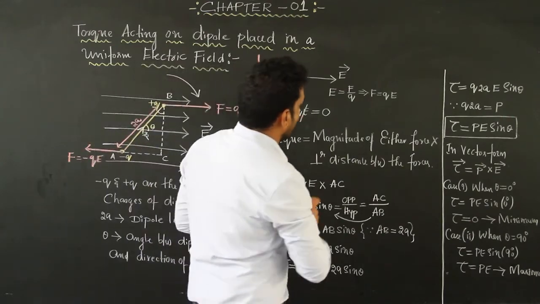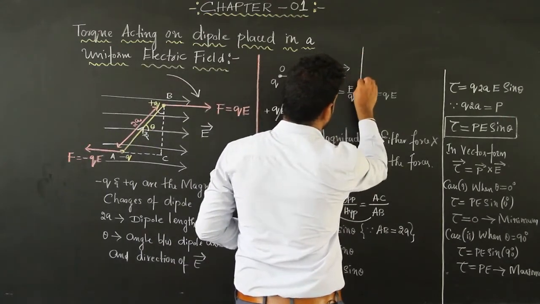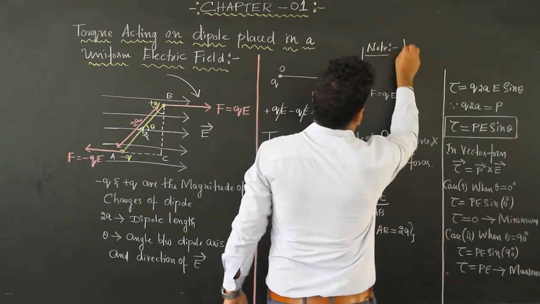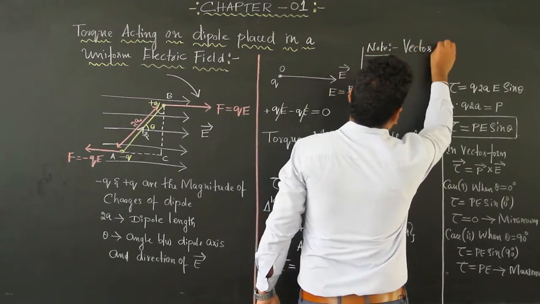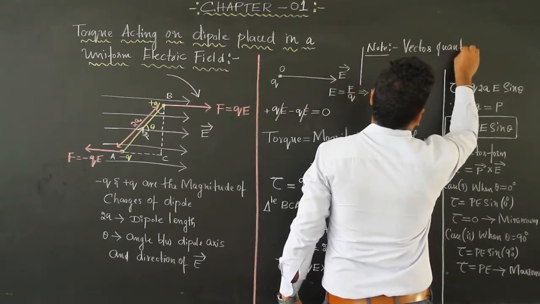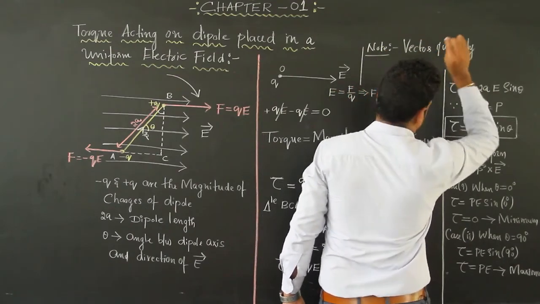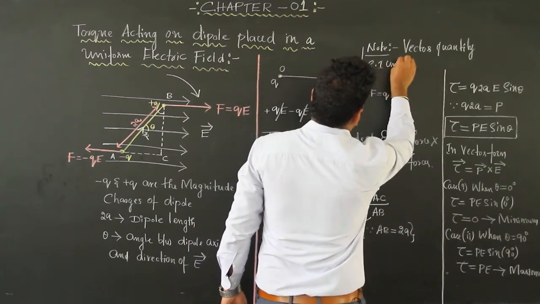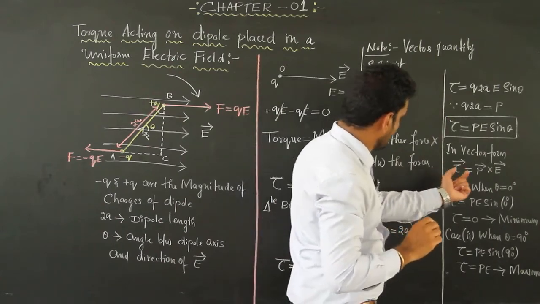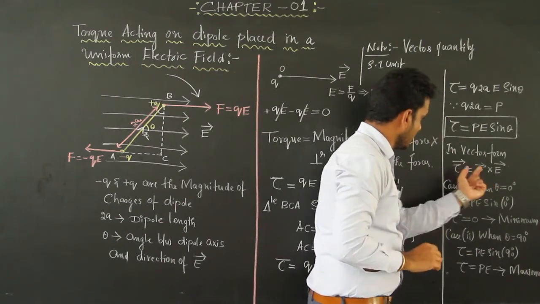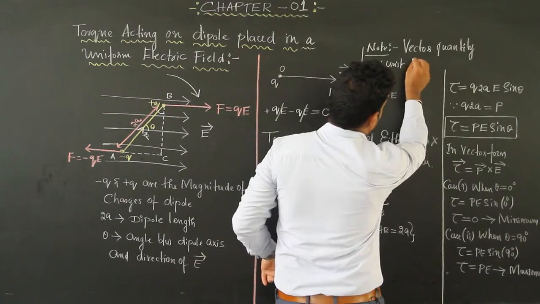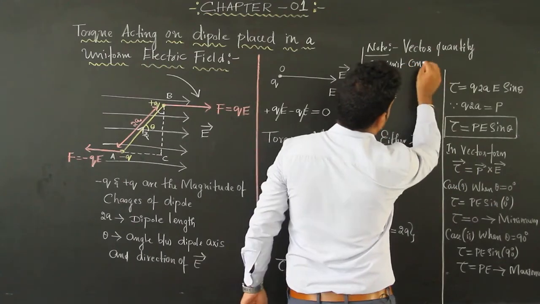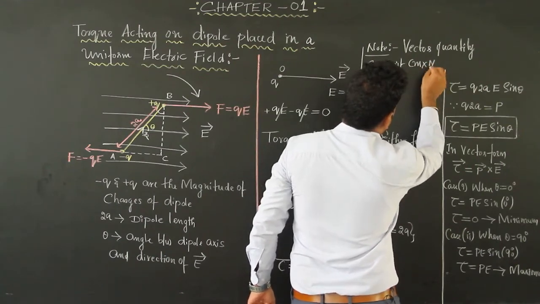Here the torque is a vector quantity. I will write here, note: torque is a vector quantity. And the SI unit of torque: look at this equation, SI unit of electric dipole moment is coulomb meter, into the SI unit of electric field, which is Newton per coulomb.